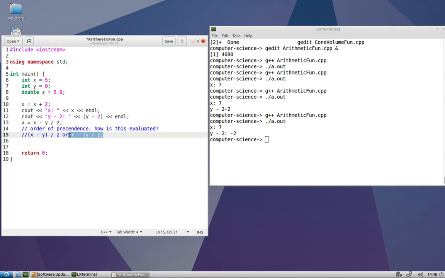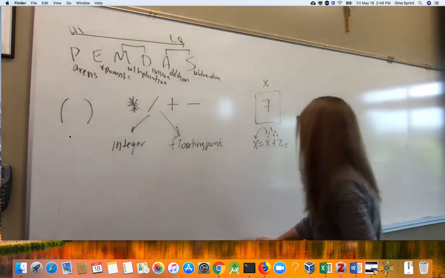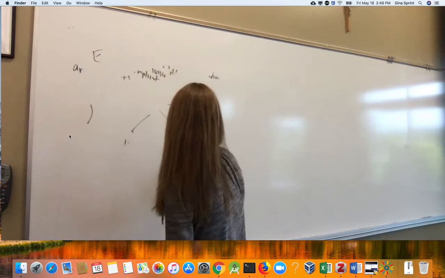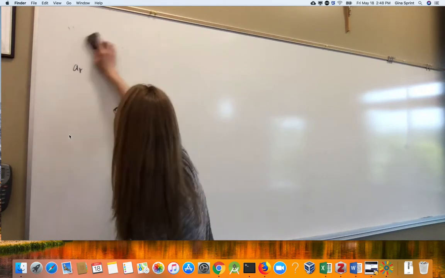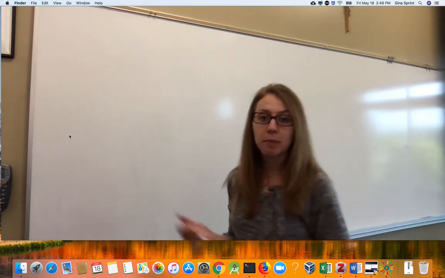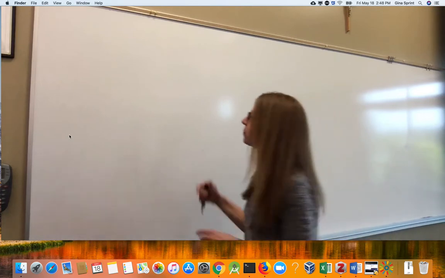Awesome. Okay, so this here is our first example of seeing division in our arithmetic fun.cpp file. And I want to take a moment and talk about division in more detail. So I mentioned there's two different types of division, right? There's integer division and there's floating point division.